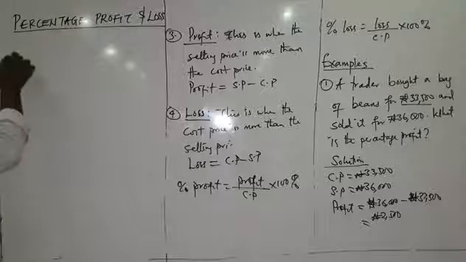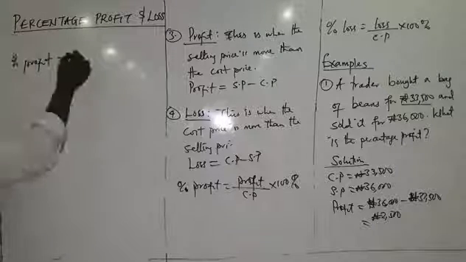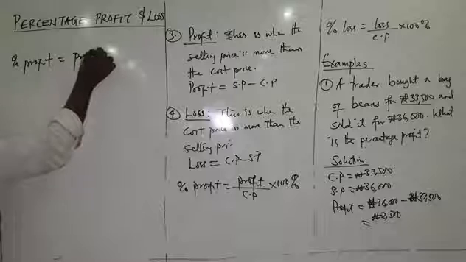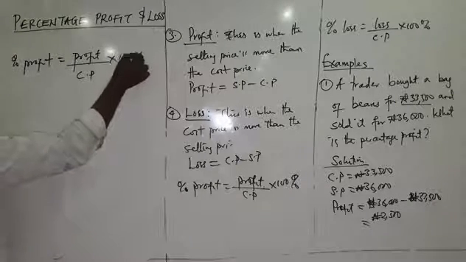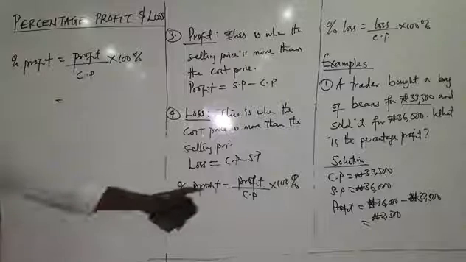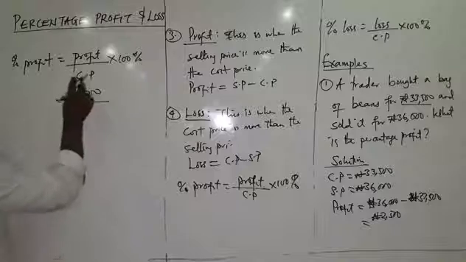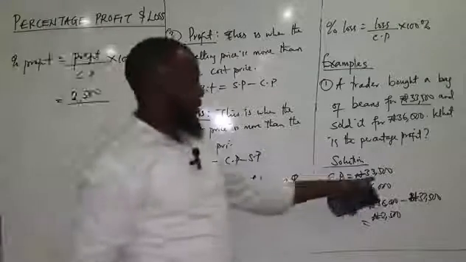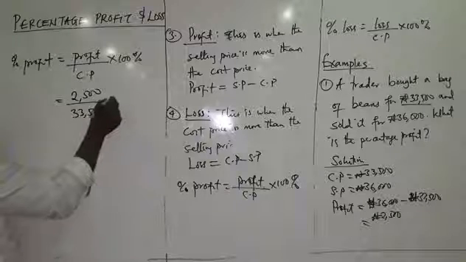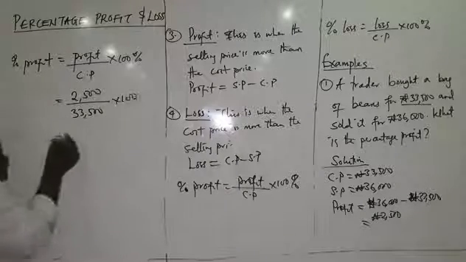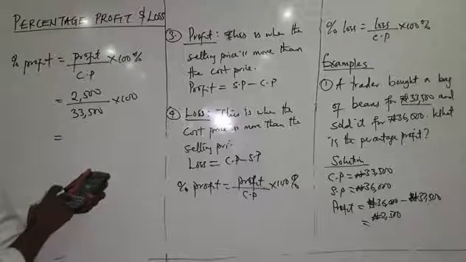So percentage profit now, which is the profit divided by the cost price multiplied by 100%. So what is the profit calculated now? 2,500 naira divided by the cost price, 33,500, multiplied by what? 100.